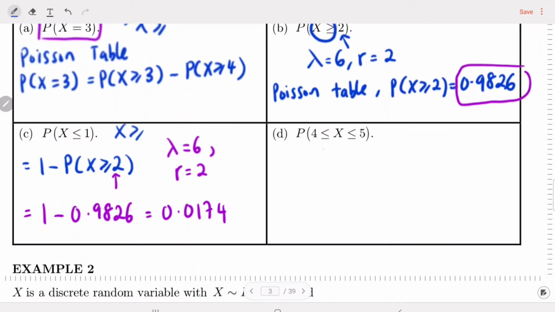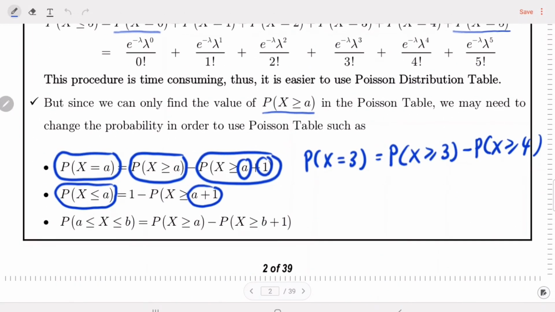And for the last one, D, we'd like to find the probability from 4 to 5. Since I'm going to use the Poisson table, we need to change it into X greater than or equal. Looking at the formula before, for the probability from a to b, it is X greater than or equal to a, minus the probability X greater than or equal to b plus 1.